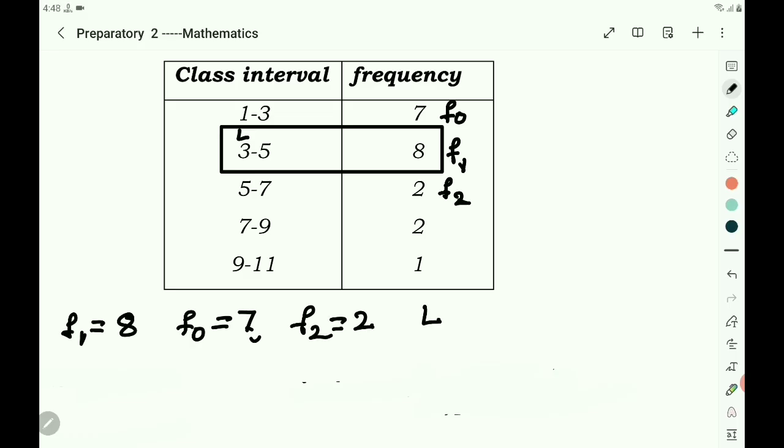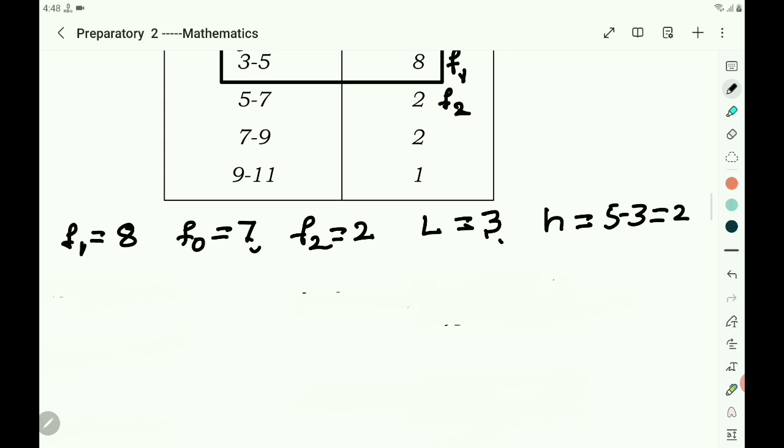L is the lower limit of the modal class. Modal class is 3 to 5, lower limit is 3, and H is the size of the class, that is higher limit minus lower limit, 5 minus 3 equals 2.